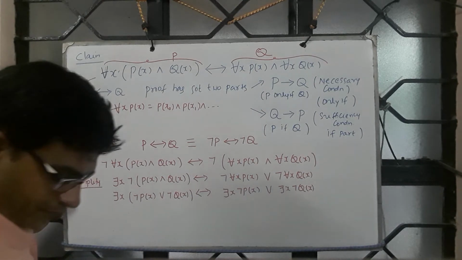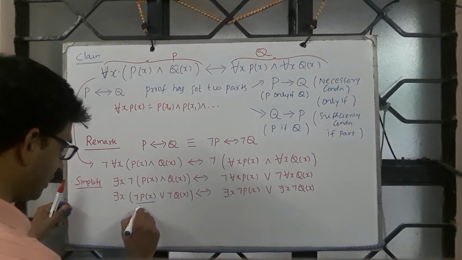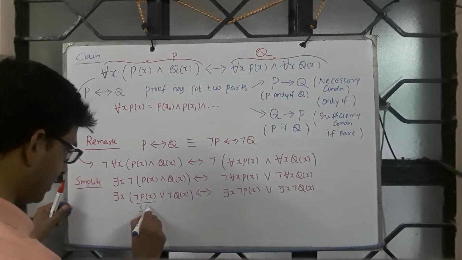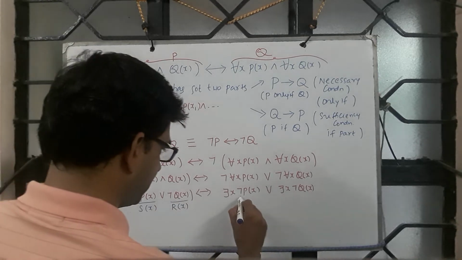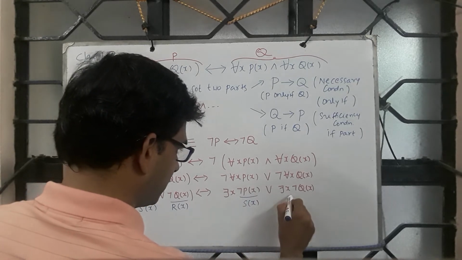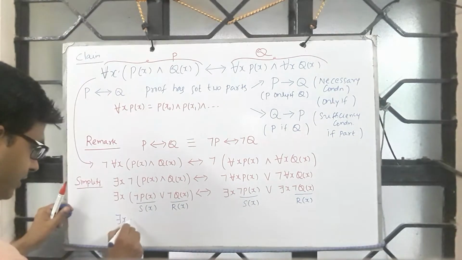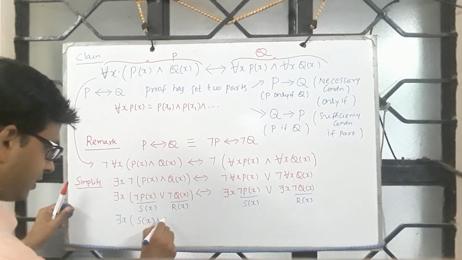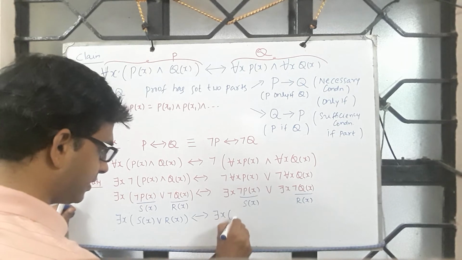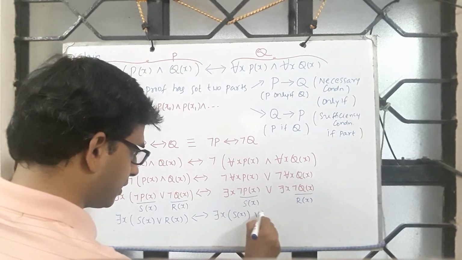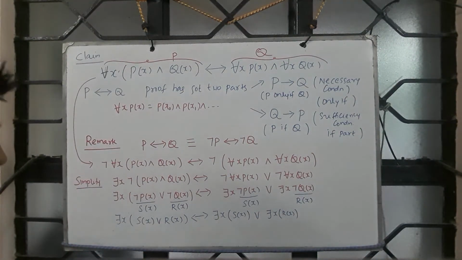Use some change of variable. Change of variable meaning negation P of x is say S of x and this one is say R of x, some predicate. So which means this is also S of x, this is also R of x. This means there exists x, S of x or R of x if and only if there exists x, S of x or there exists x, R of x.